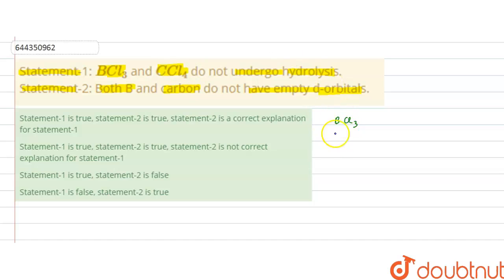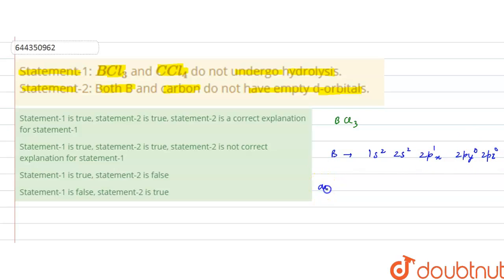So BCl3. If we see the boron atom, it has the electronic configuration 1s2, 2s2, 2p1. So we can write it as 2px1, 2py0 and 2pz0, because there are 3 2p orbitals present.